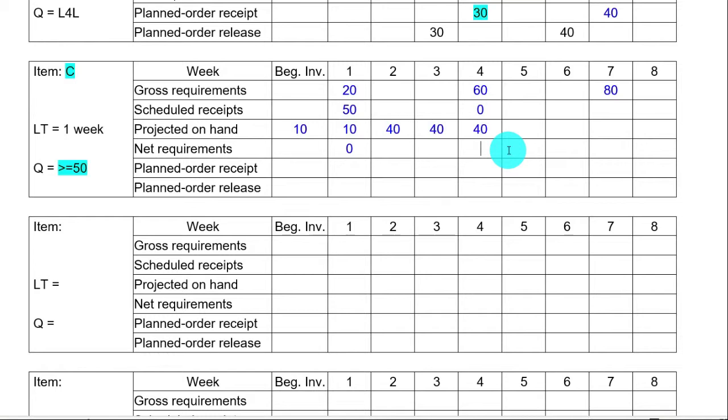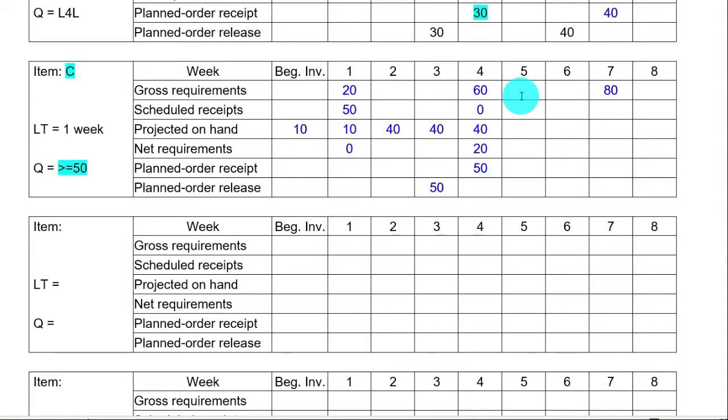Net requirements in week 4 is 20. All right. So you want 20 to arrive just in time. But the minimum lot size is 50. So one lot of 50 is enough. So you place an order for 50. All right. And you place an order right here in week 3 because lead time is 1 week.